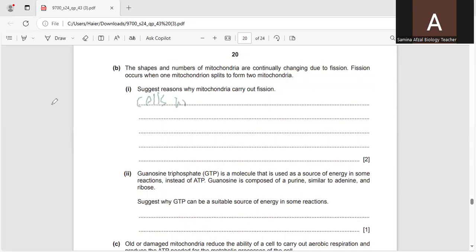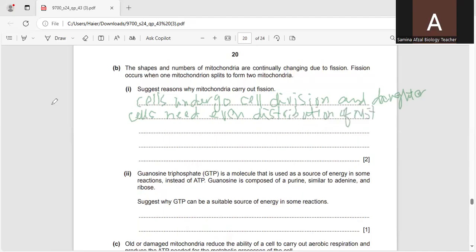Cells undergo cell division, and daughter cells need even distribution of mitochondria to get energy. So they undergo the fission process.